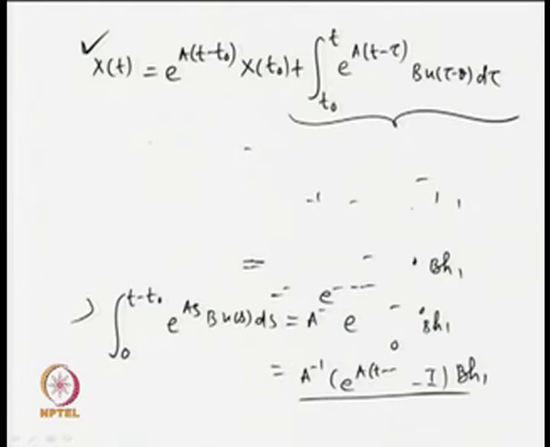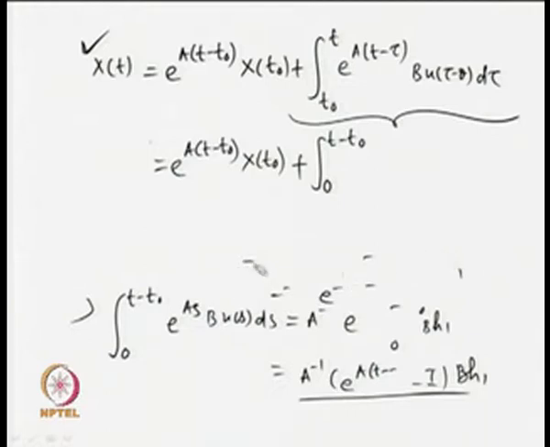Thus, I can write x(t) as e to the power a(t minus t0) x(t0) plus the integral from 0 to t minus t0 of e to the power a s b u(s) d s. Please keep in mind the limits of this integral, which always start from 0 to the time span for that segment of the input, t minus t0.